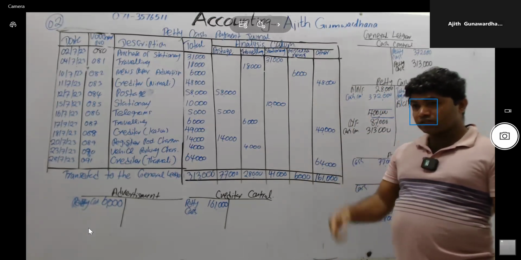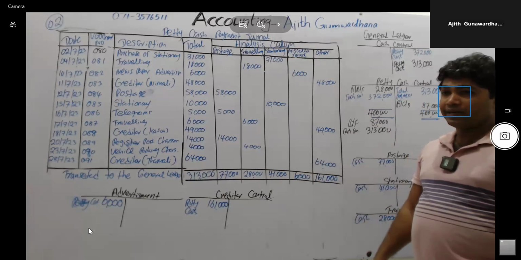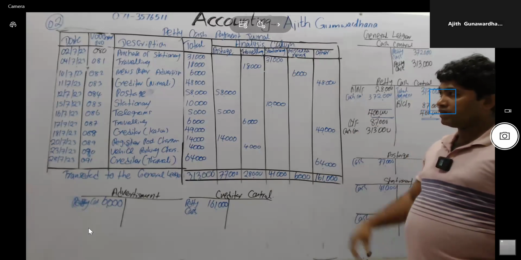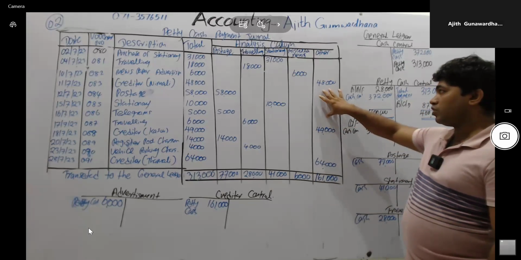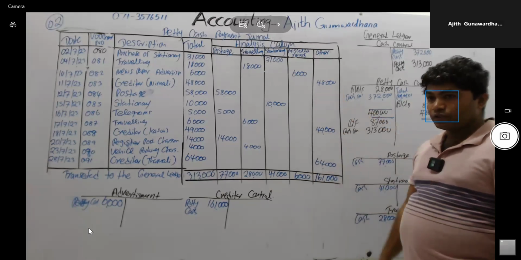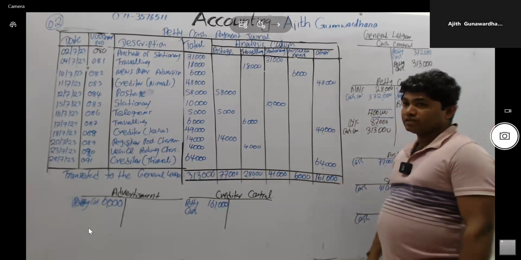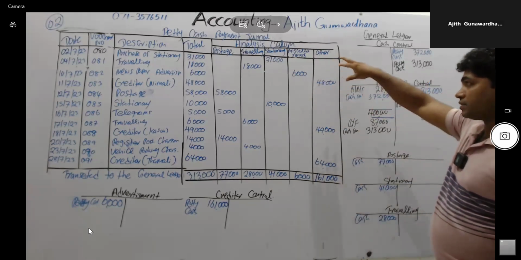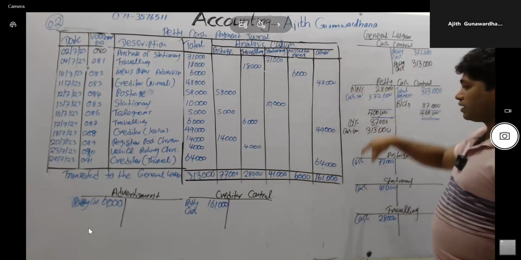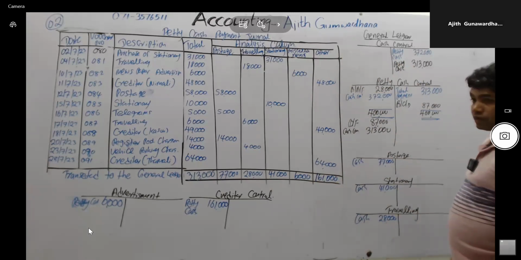By comparing that information, we have to prepare the bank reconciliation. But here, a small amount of expense paid in cash should be recorded. Think how to prepare the petty cash payment journal and how to record that information in the ledger accounts also.